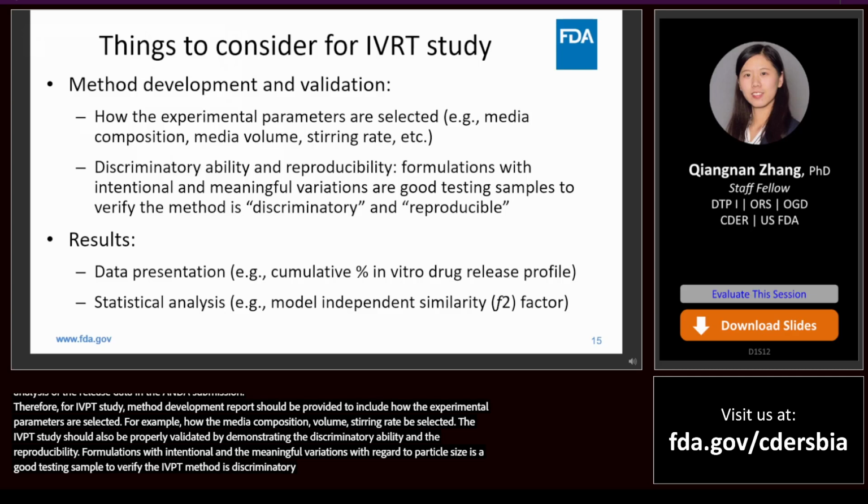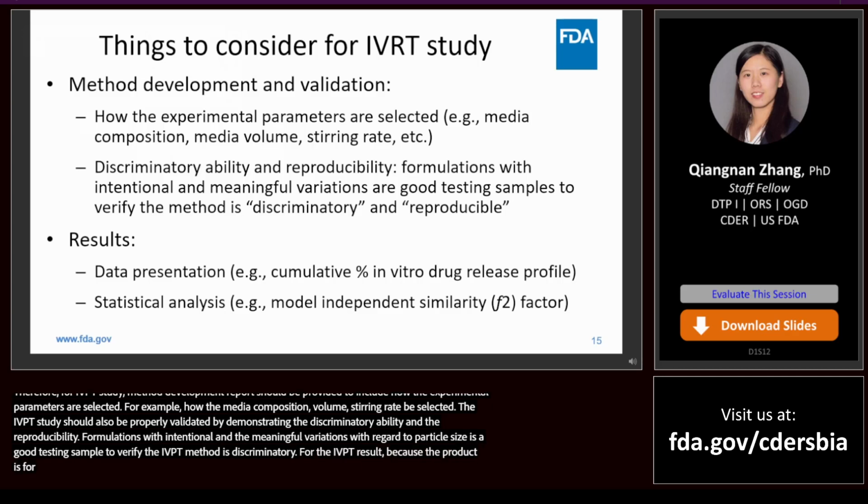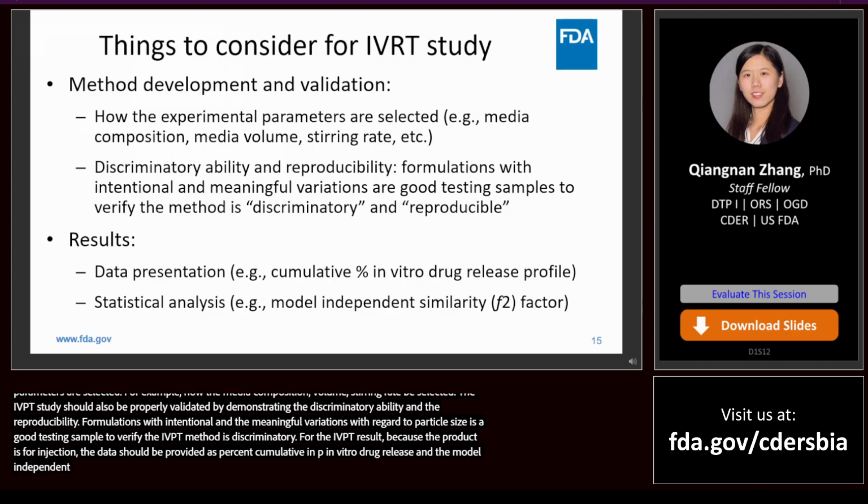For the IVRT result, because the product is for injection, the data should be provided as percent cumulative in vitro drug release, and the equivalence can be demonstrated using model-independent similarity F2 factor.